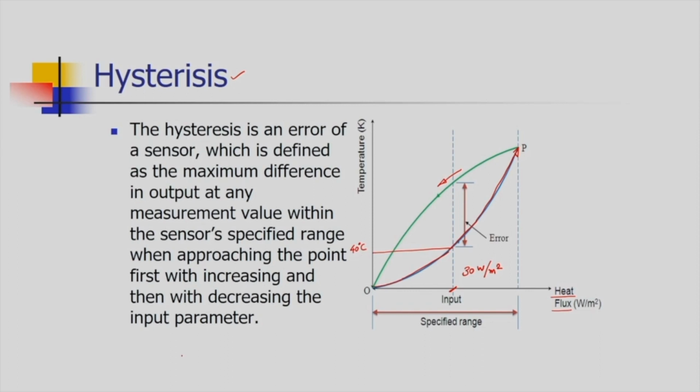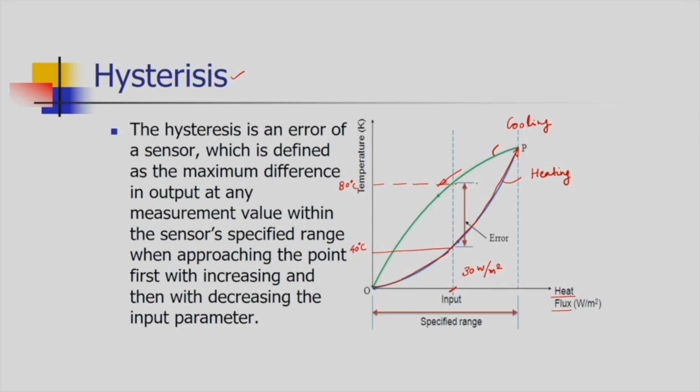When the sensor was used during the cooling, so this we can say is the heating operation, and this is the cooling operation. So, during heating we achieved 40 degrees Celsius for 30 watt per meter square. During the cooling operation, the system is showing 80 degrees Celsius. The error of the output for the same input value.